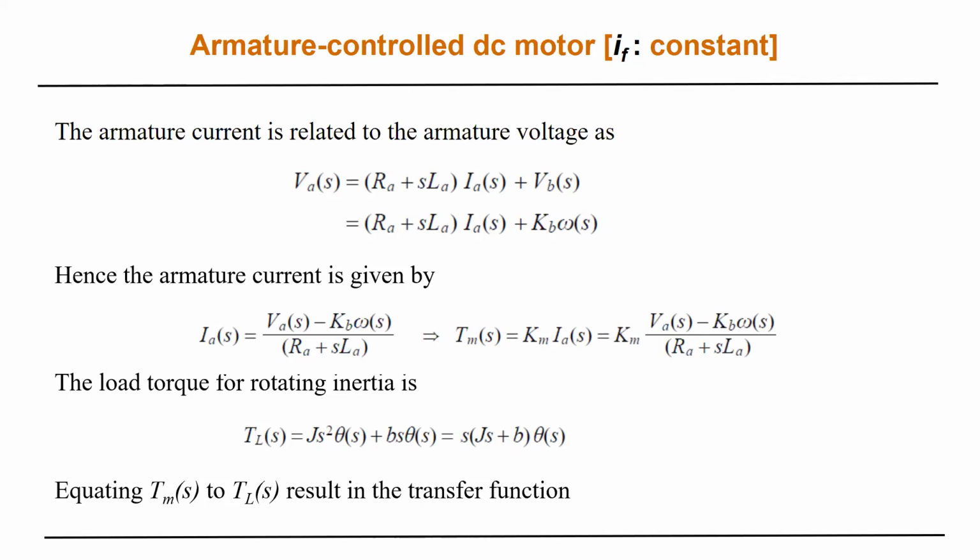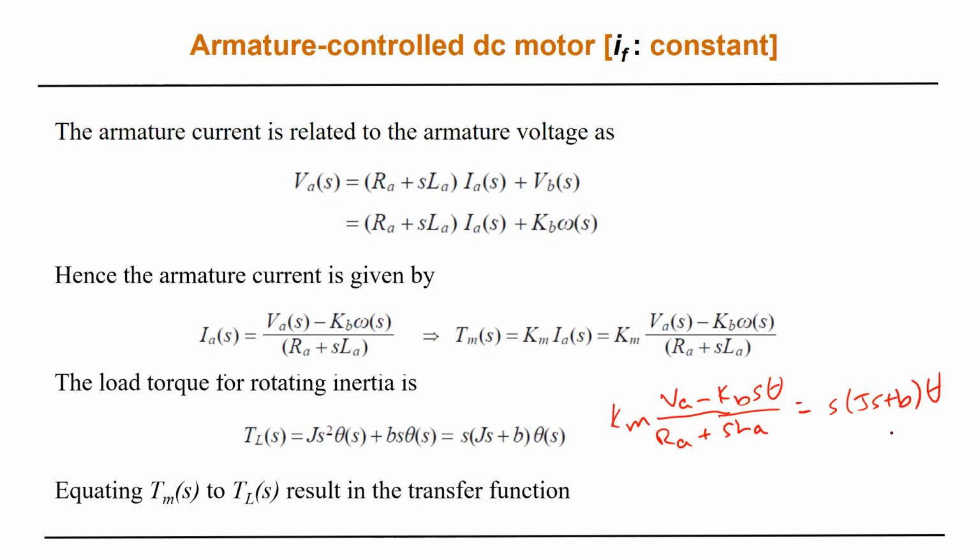If the disturbance equals 0, what do I have? We said Km times (VA minus KB S theta) over (RA plus S LA) is equal to S(JS plus B) theta.